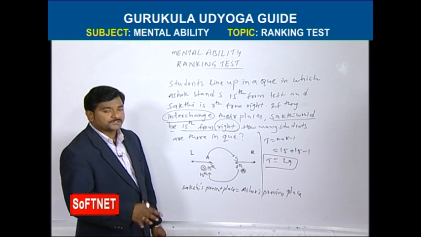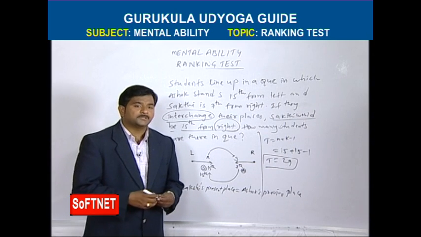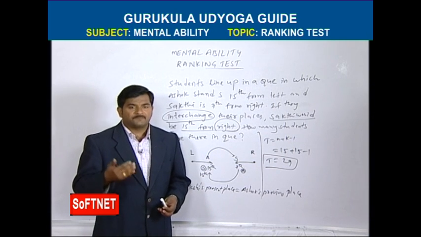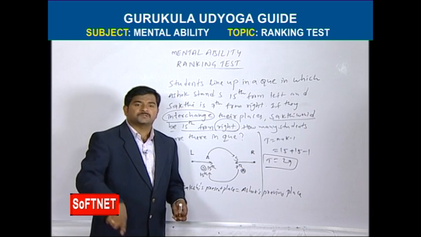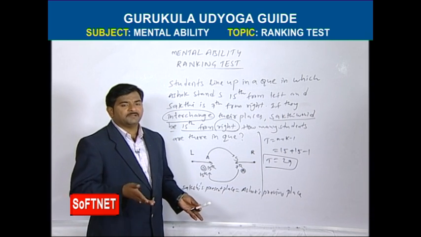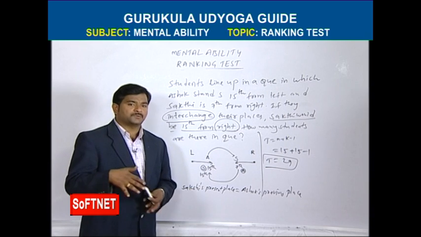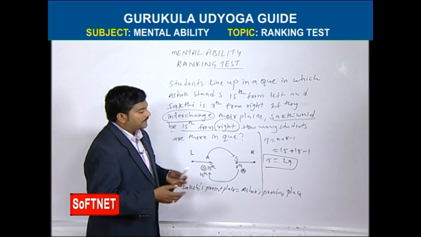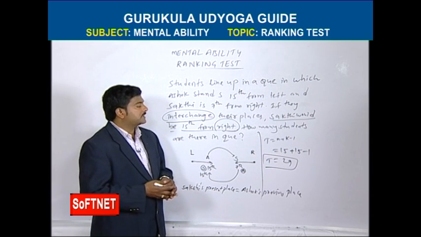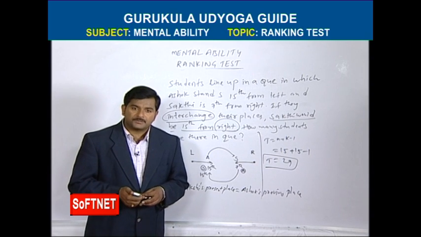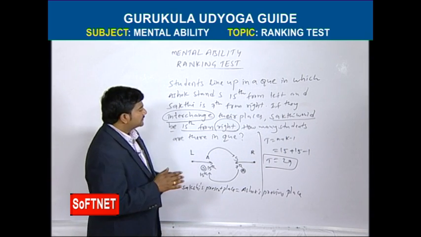Remember this concept, and by using it we can solve this. I will read it once again: Shakti's present place is equal to Ashok's previous place. Earlier Ashok was 15th from left, so now Shakti is also 15th from left, and Shakti is 15th from right. So 15 plus 15 minus 1. Hence the total number of students in that queue is 29. I hope you understood this interchange problem.